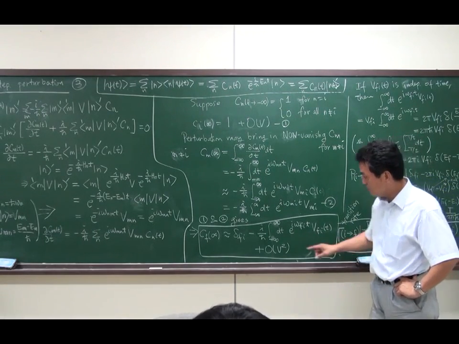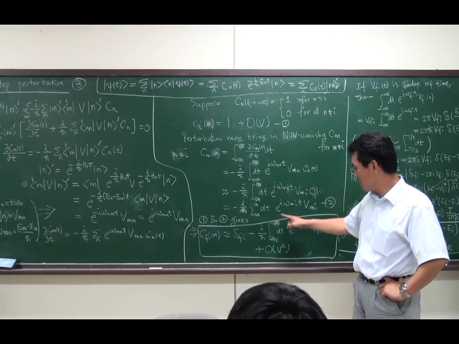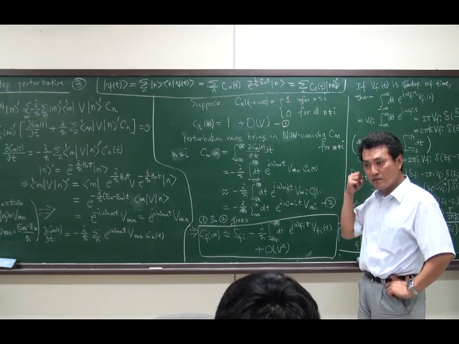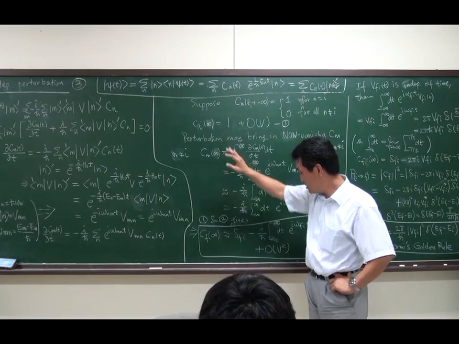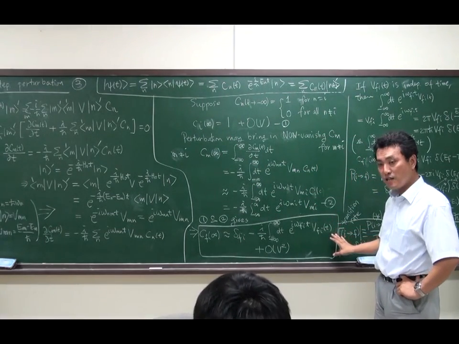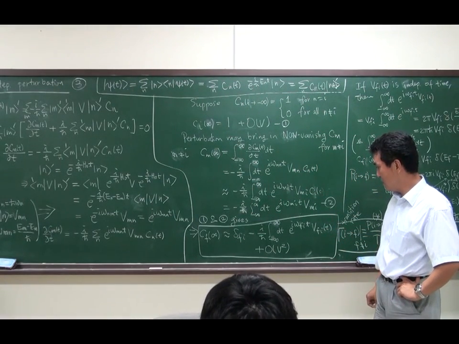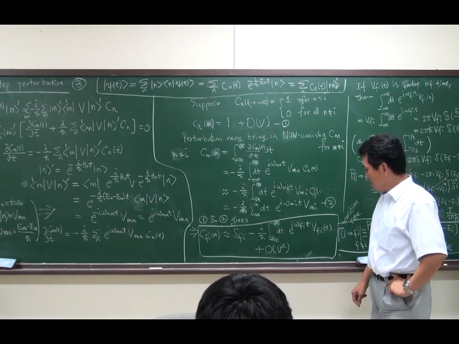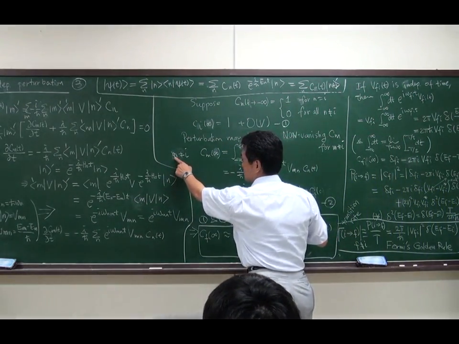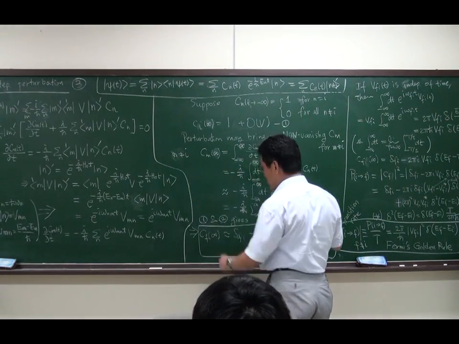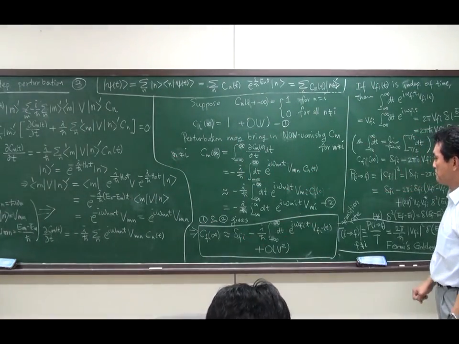In the case f equals i, this is not a good approximation, right? We just consider the leading order approximation. This is for the i state, and this is for the non-i state. Alright? The difference here is I just replace this m by the final state f. Okay?